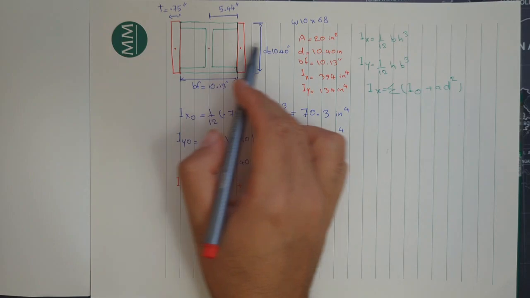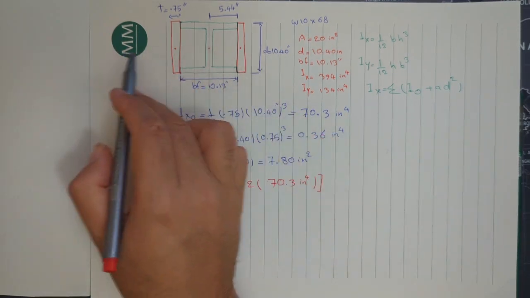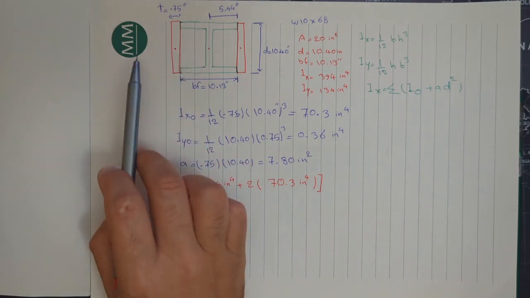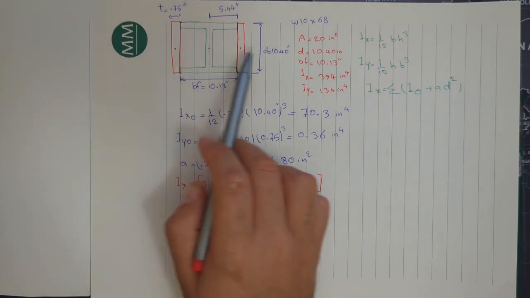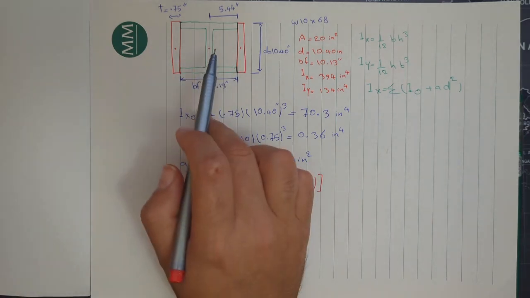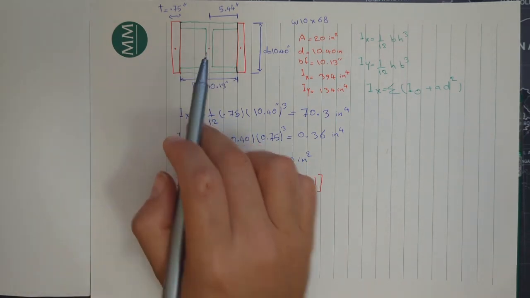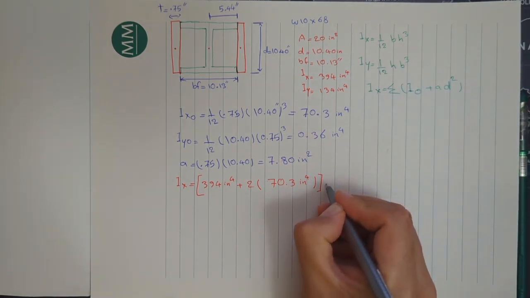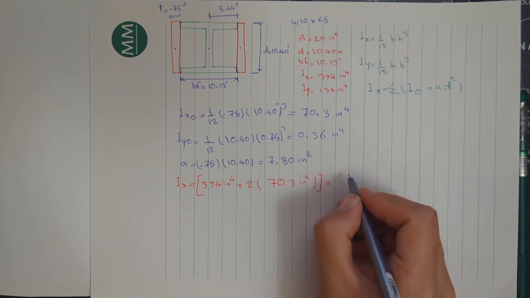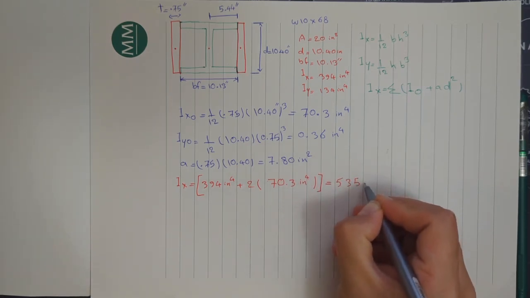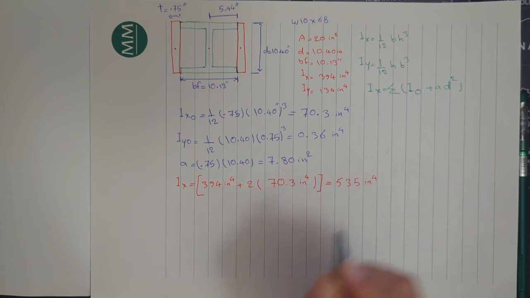So if you want to calculate the moment of inertia of this part, the centroid is on the x-axis, so d is going to be 0. If d is 0, we don't need this part. So the answer is going to be 535 inches to the power 4. All right?